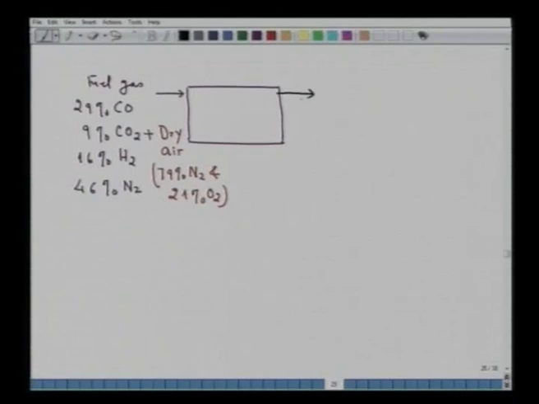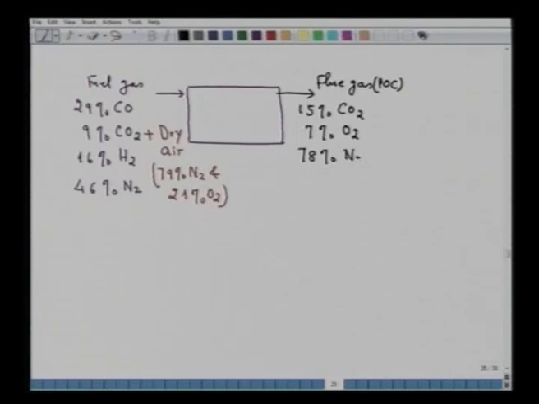Then in the output, say we have flue gas. Note the difference: the fuel gas is something which burns, and the flue gas is the products of combustion. You can write products of combustion or flue gas, whatever is comfortable for you. Flue gas is also called POC, and it is given as 15% CO2, 7% oxygen and 78% nitrogen.